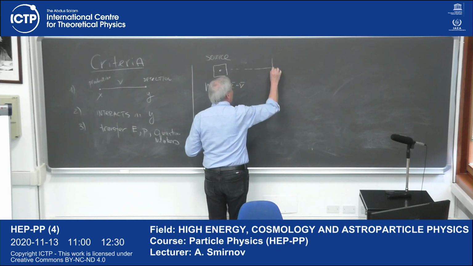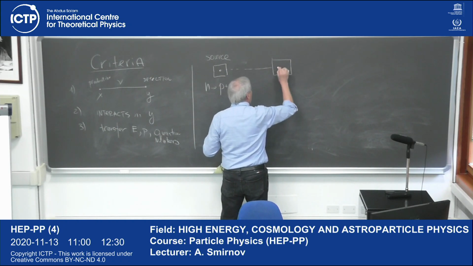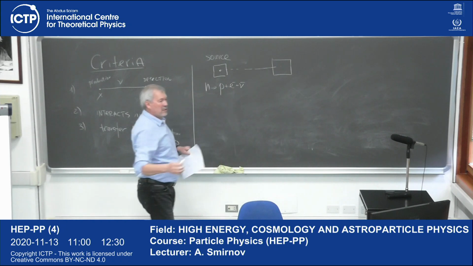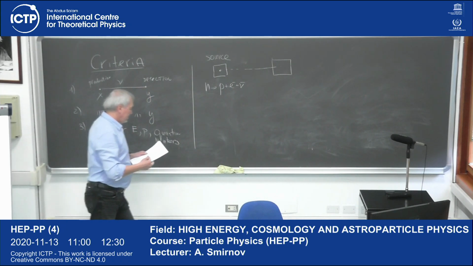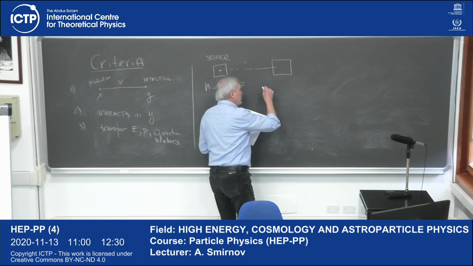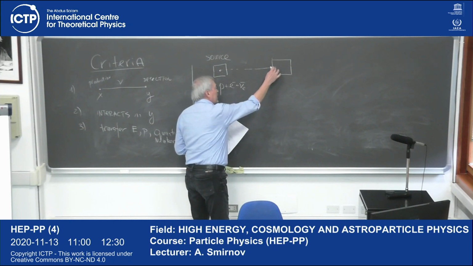Then put the detector at some distance, say a few meters, and use inverse beta decay to detect neutrinos.